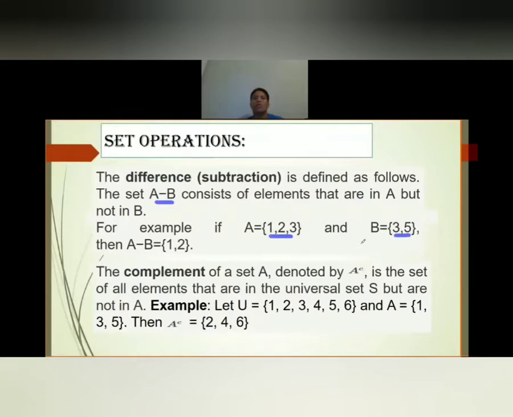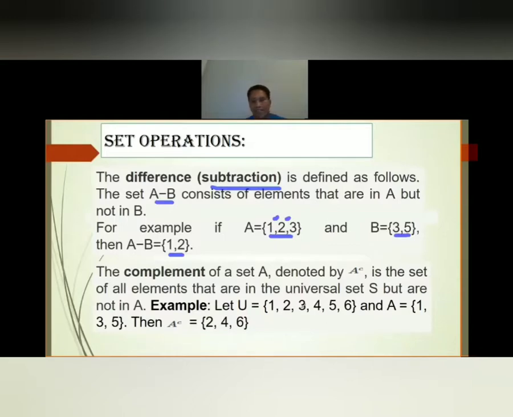So what are the elements that you see in A that are not in B? B has 3 and 5, A has 1, 2, 3. So we have 1 and 2, right? So look at the representation, A minus B.